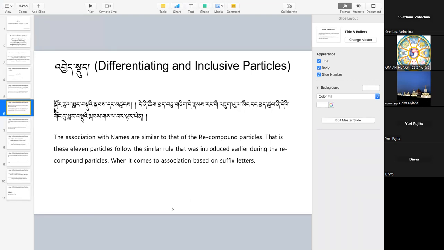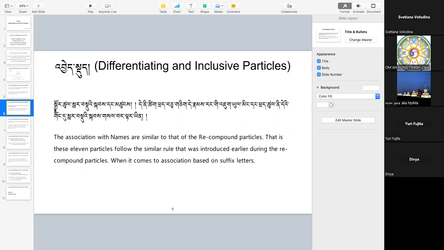So therefore, the rules for the suffix letter for these 11 particles were already discussed during the recompound particle. So we're going to reintroduce the rule when we talk about the association based on suffix letter for this particular particle.